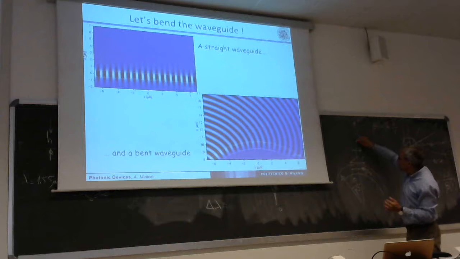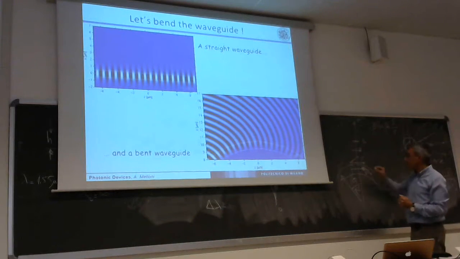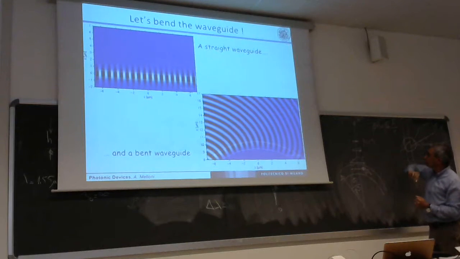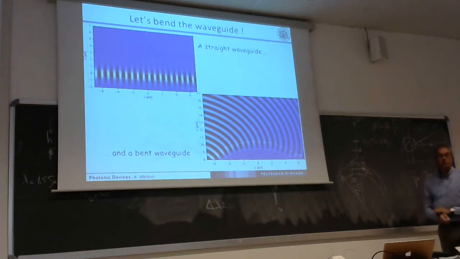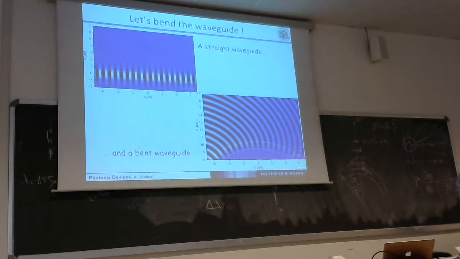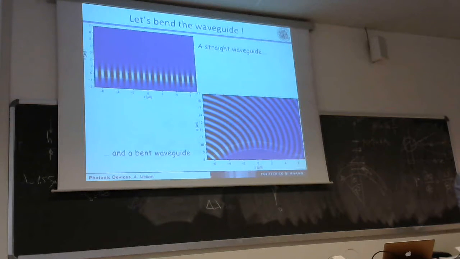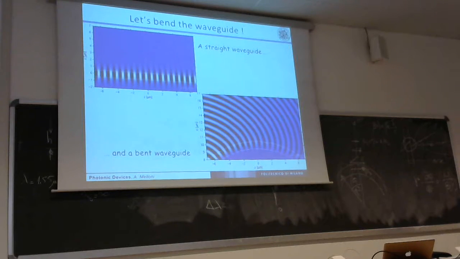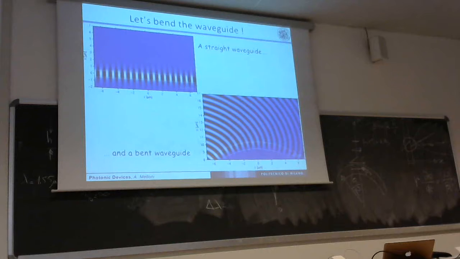At some point here, we have that beta star is equal to k in the substance, so the k vector in the material. What is this? How do you call this? Radiative. It's a cutoff.